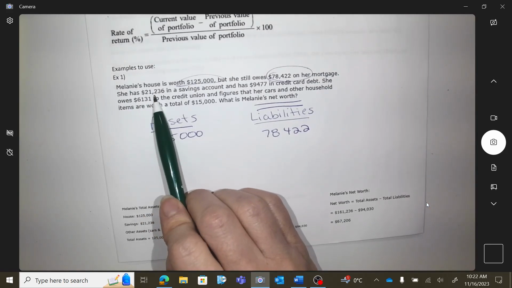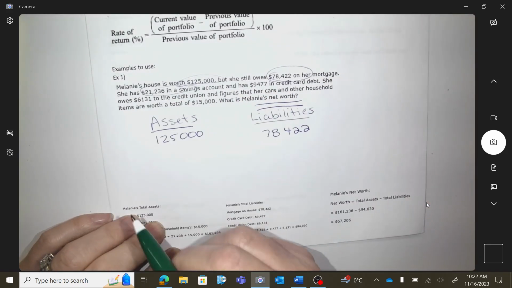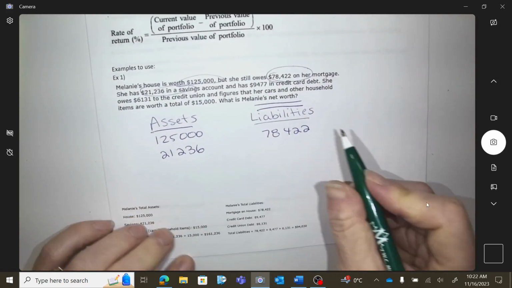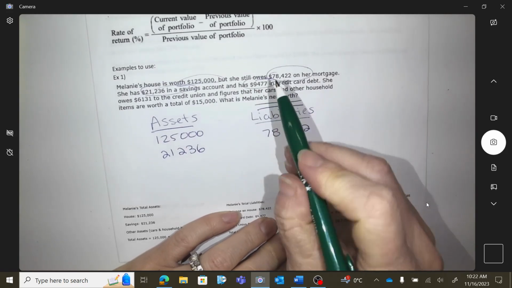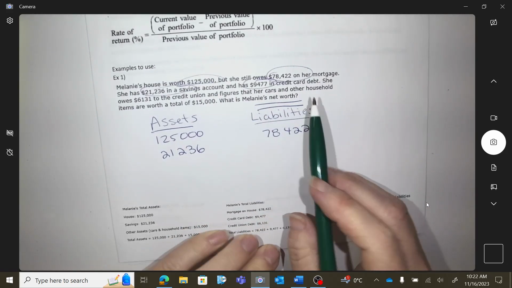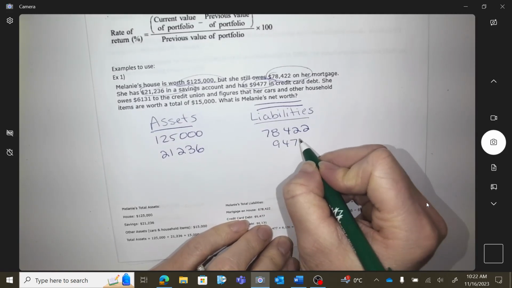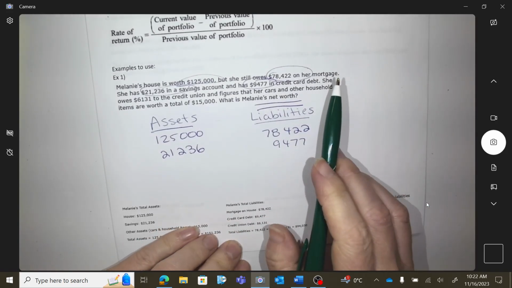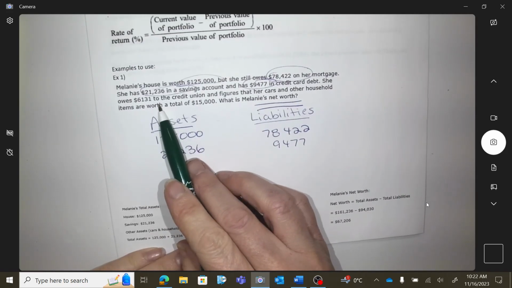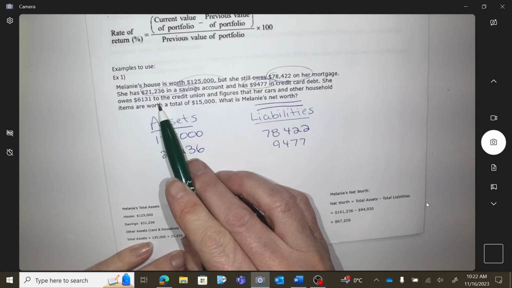Okay, this much money in a savings account. Good money. The $9,000 is a credit card debt. So that is bad money. She owes this to the credit union.